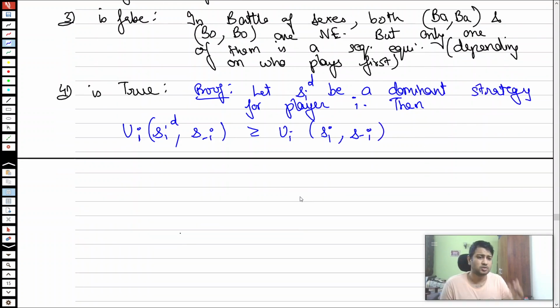So given any strategy profile for the other players, S minus i, so for all S minus i, Si^D, that is the dominant strategy for the ith player, gives him the highest utility.